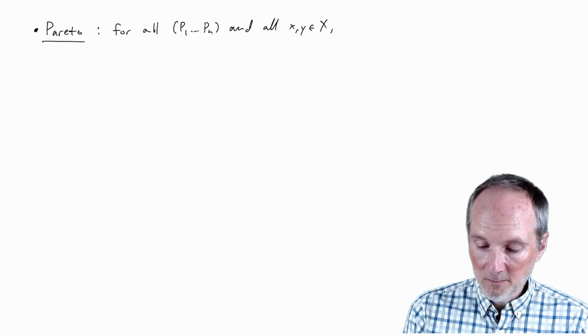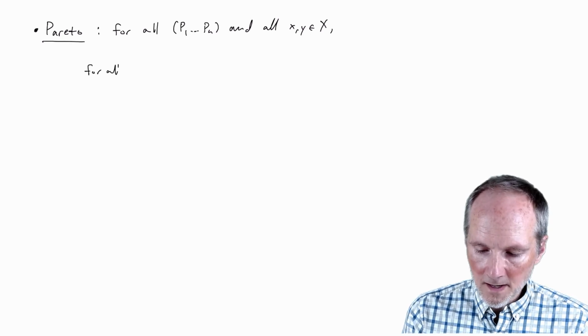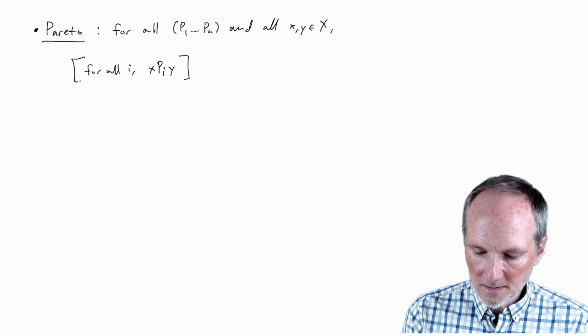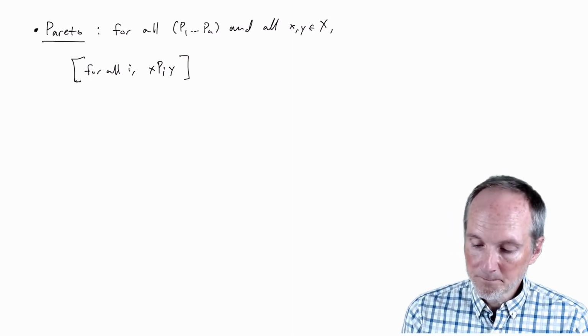And the way we would write that in a formal way is: suppose that for all i, x P_i y, right? So this here in brackets just says every individual prefers x to y.